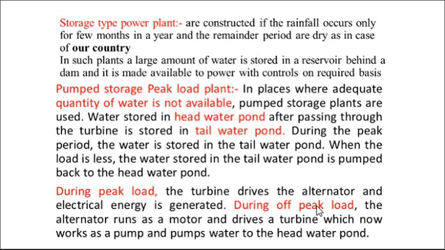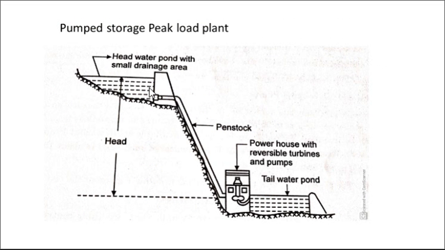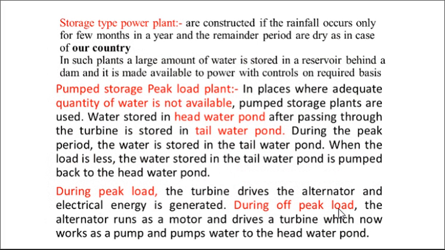During the peak period, the turbine drives the alternator and electric energy is generated. During the peak period, the water will flow through the penstock, the turbine will be in operation, and we are getting electricity generated. And during off peak load, the alternator runs as a motor.